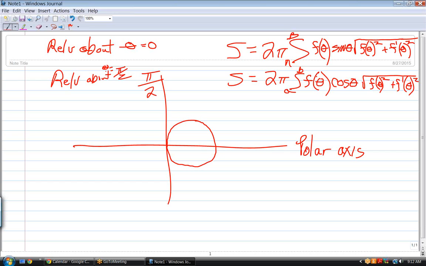Oh, Dave, I wanted to ask you about notation. When you have under the square root sign there, f of theta squared, that means that would be r squared, right? Yeah, and actually I don't have it written correctly. I should have parentheses. In other words, it's f of theta being squared, not theta being squared and taking f of it.